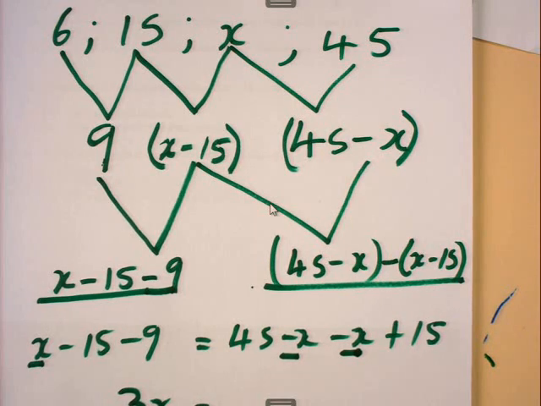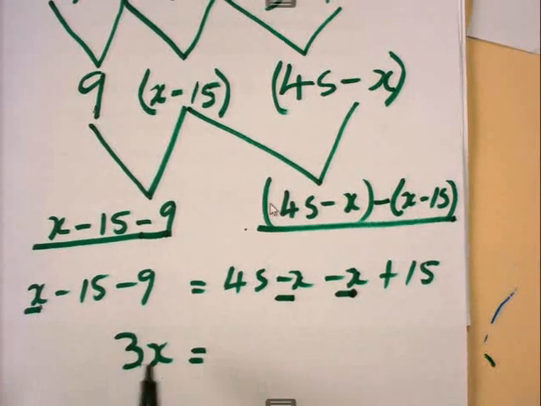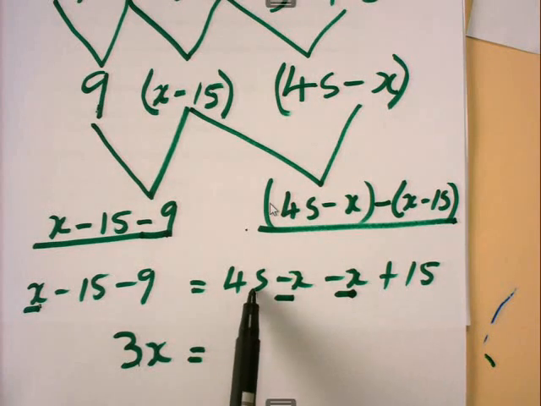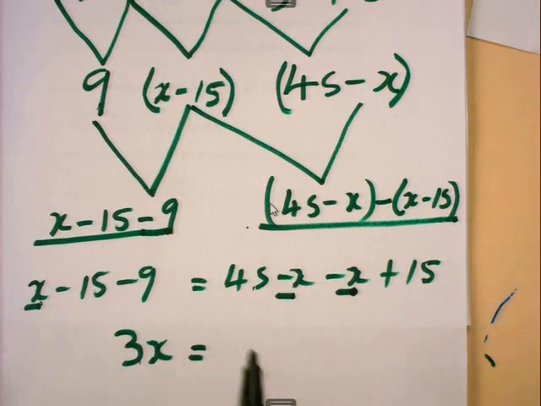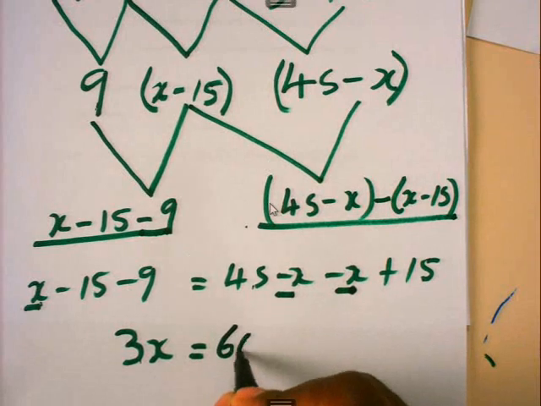We've got 3x. The question here says determine the value of x. On the right hand side, we are left with 45 plus 15, and 45 plus 15 gives us 60.